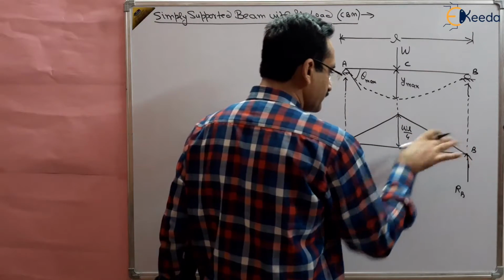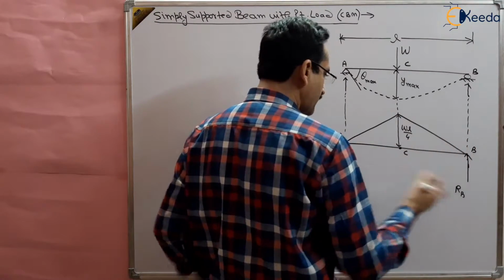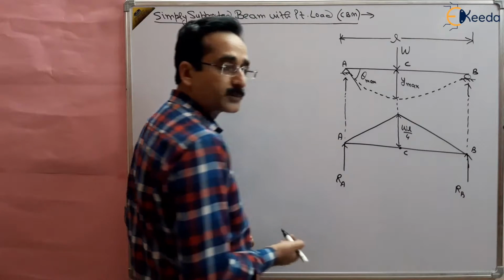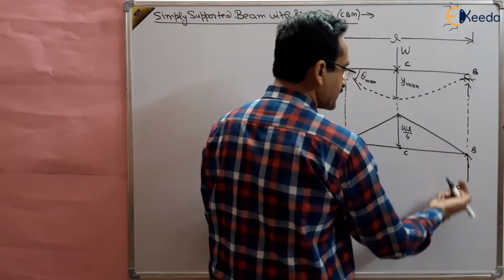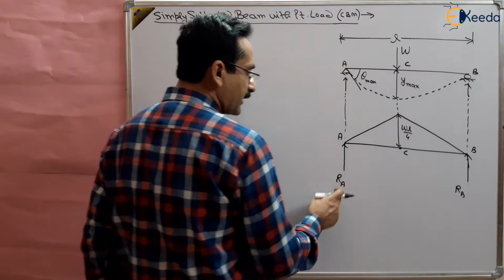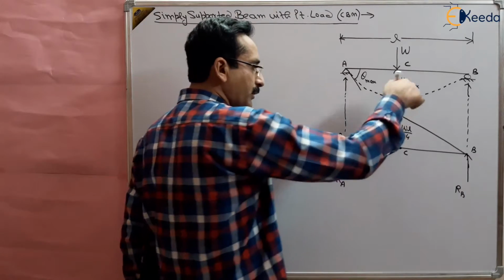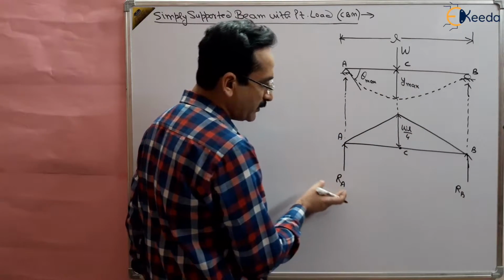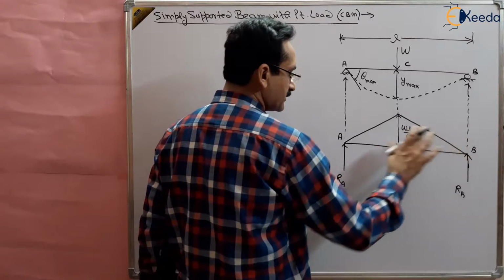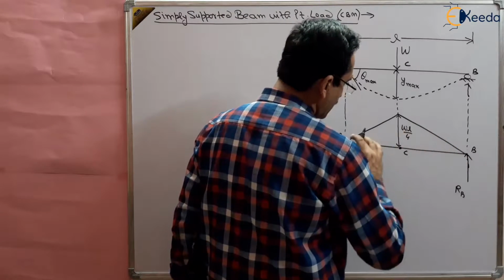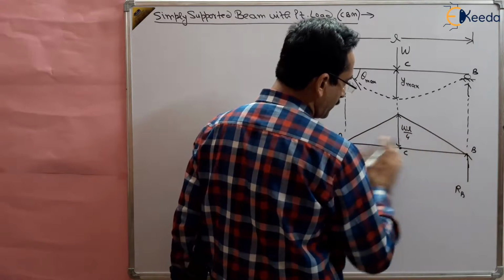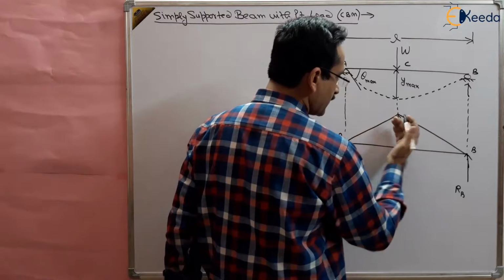Now it is loaded, and at these points A and B there is reaction from the supports. Support A and support B is creating reaction. So this RA and RB will be equal to half of the load applied, because this is uniform. As you can see here, uniformity is maintained, half section is here, half section is here.